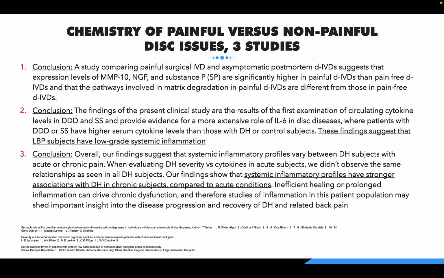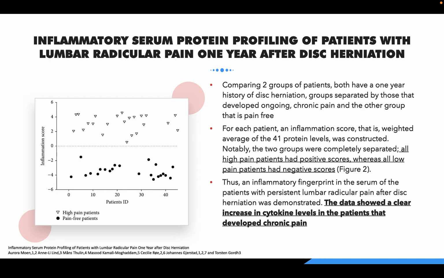Inefficient healing or inefficient resolution or prolonged inflammation can drive chronic dysfunction, and therefore studies of inflammation in this patient population may shed important insight into the disease progression and recovery of disc herniation and related back pain. So there's 3 conclusions showing that chemistry and ongoing inflammation may be the answer between a painful versus non-painful situation.